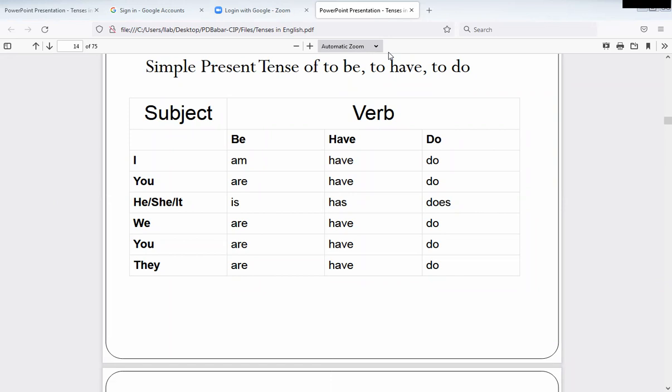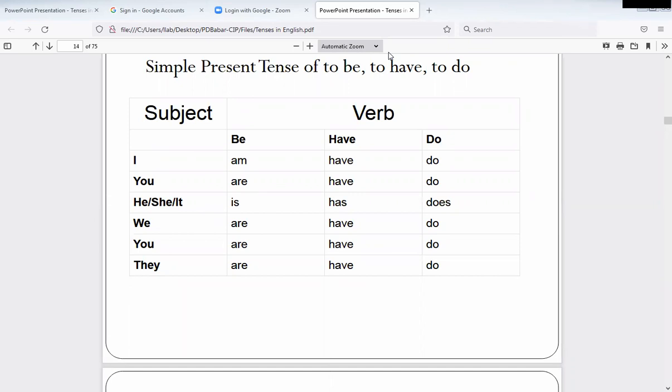So you do that practical very carefully. You do that project very sincerely. So these are the forms that we are using after the subject.